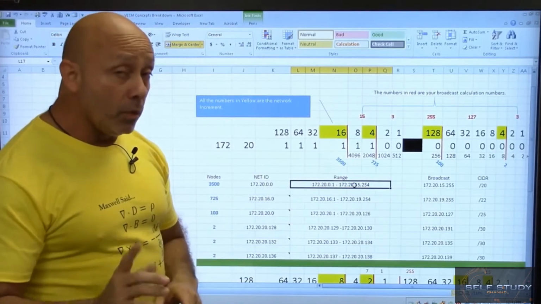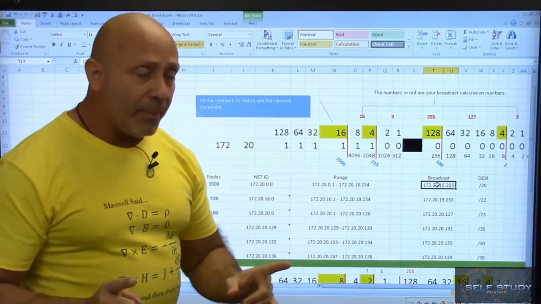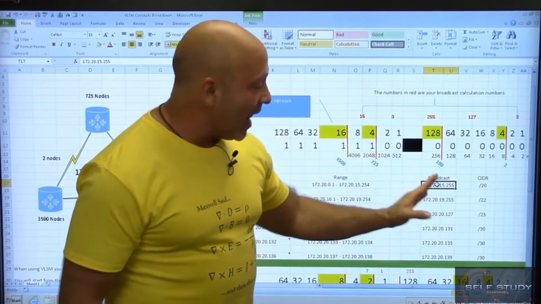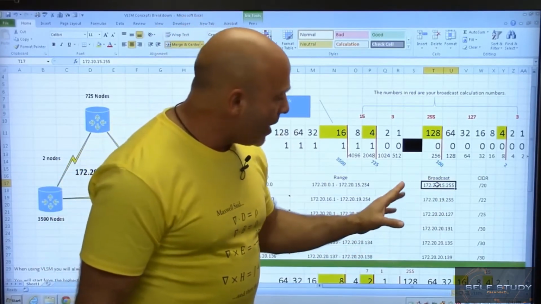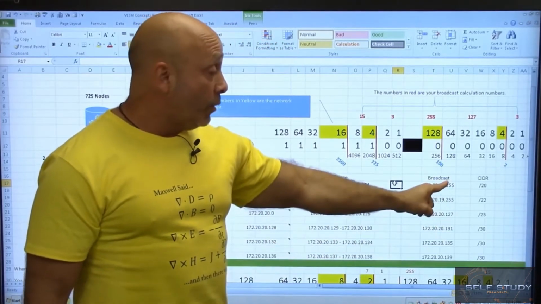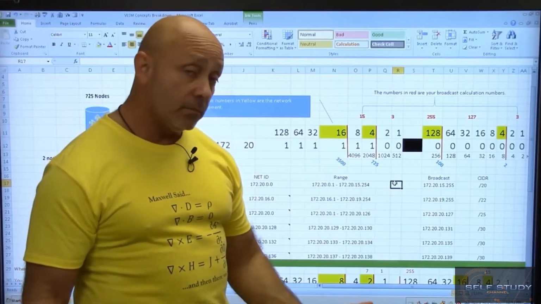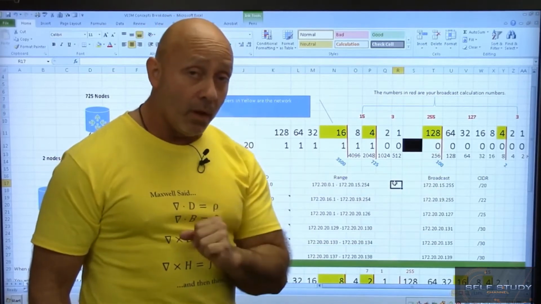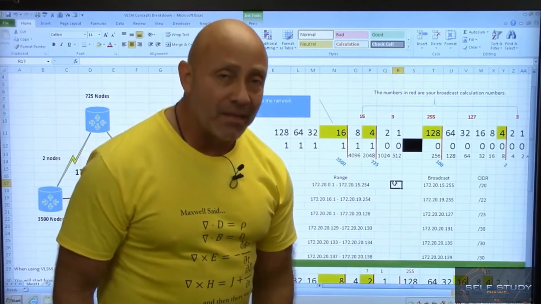Now, another rule that I didn't mention: once you get to the last IP, because this is an IP regardless, even though we can't use it on the network, that is the last IP. So you say to yourself, okay, what's after 15.255? We've reached the maximum value in that octet, 255. That means that it flips over the 15 by 1 to 16, and then it resets itself back to 0.